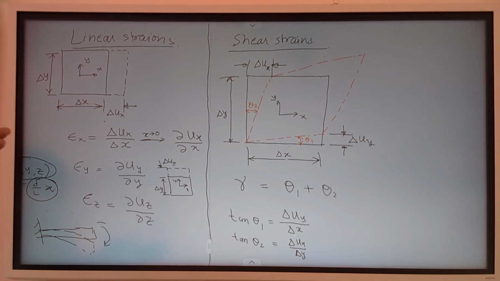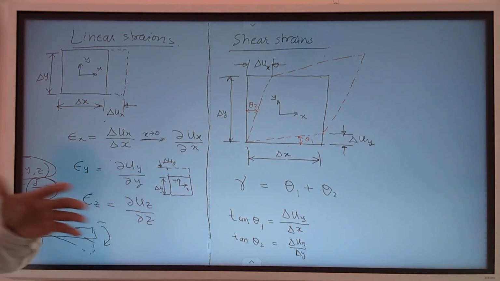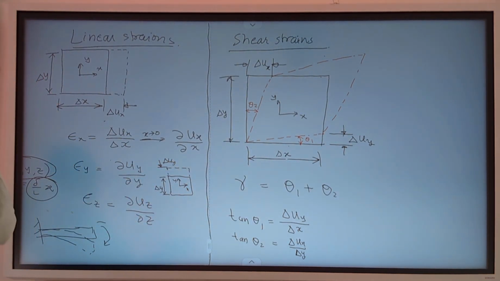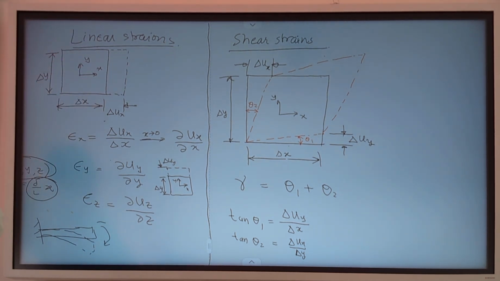Most of the engineering problems can be tackled with the help of small strain theory, because usually as an engineer, except when you are dealing with springs and other flexible elements, we want the deformation to be very, very small. That is the usual requirement.